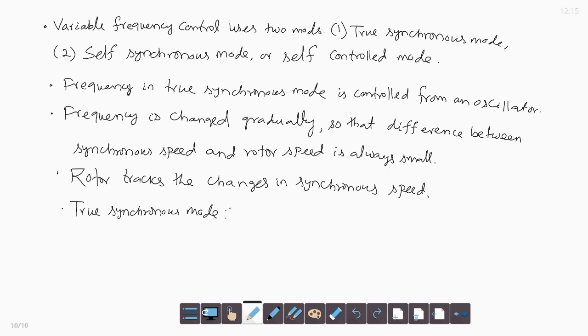It is used for starting, for smooth starting. By true synchronous mode, the motor can be started softly, smoothly. It is also used for speed control and regenerative braking.